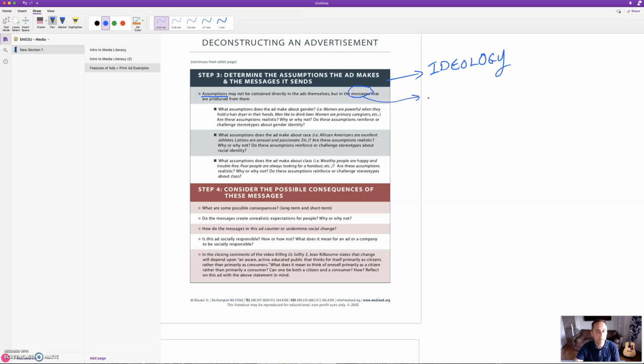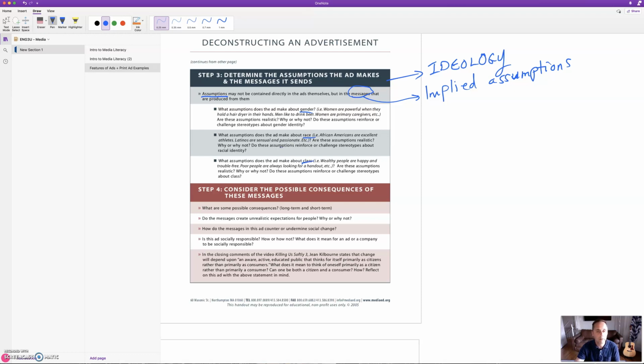So from the messaging, you can see implied assumptions. So for example, if they only show young teenagers playing video games, the implied assumption is old people don't play video games, right?